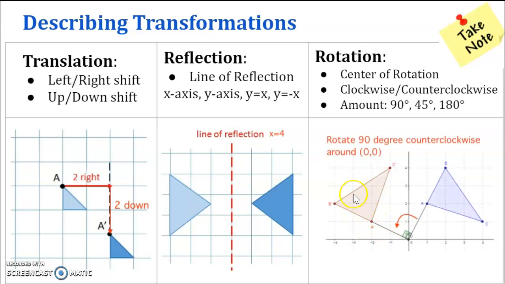And here is an example. Which one is the original, which is the new? The original is the blue one. How do I know? Because it has the notation A, B, and C, whereas this has notation A prime, B prime, and C prime. There's a little apostrophe on each one of them.